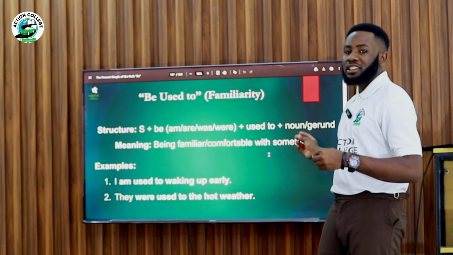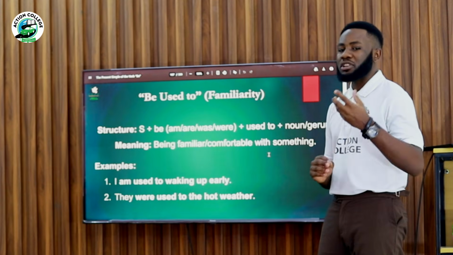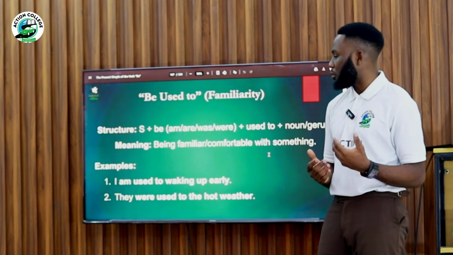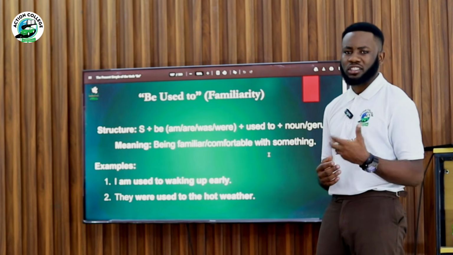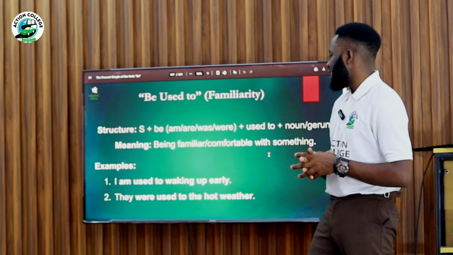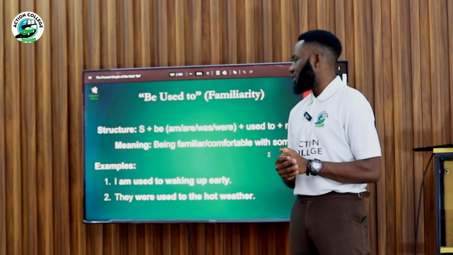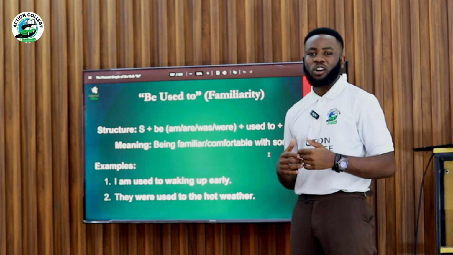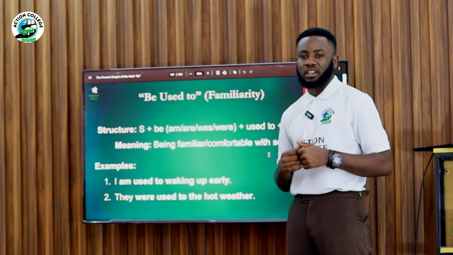Then here, the sense is that when you find something, a state of a thing that you're really comfortable with, that you're familiar with, or that you are accustomed to, be used to can help you to express that. And as we have the structure, mostly grammatical structure, because English, like any language, always has a structure.